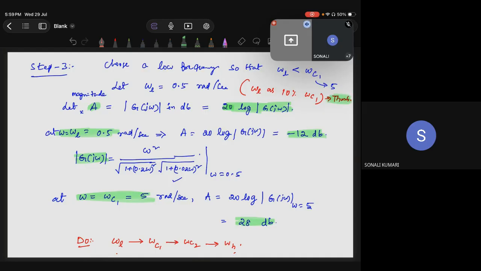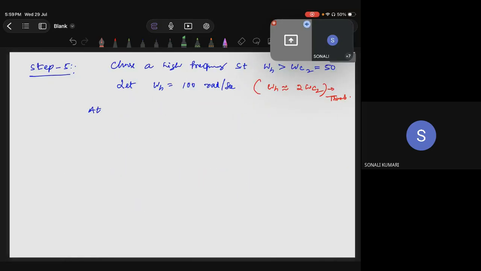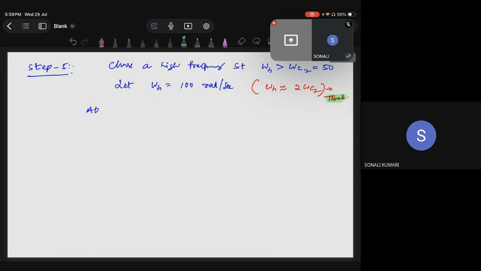While doing problems, whatever omega C1 you get, take 10% of that. Omega L will be 10% of that. Is that clear? And omega H will be 2 times omega C2. You can also take more than that, not an issue, but in general thumb rule, we follow this. Is it clear? Yes, sir.